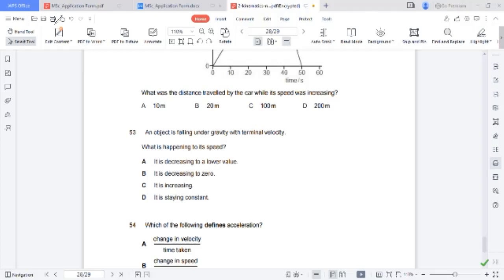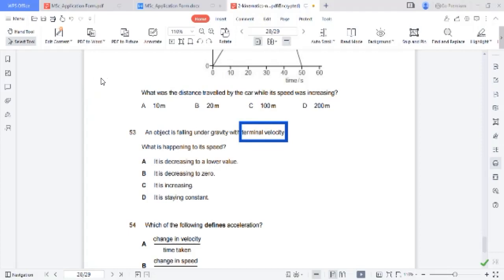By definition, when an object is falling under gravity with terminal velocity, it is a constant velocity. Then what is happening to speed?